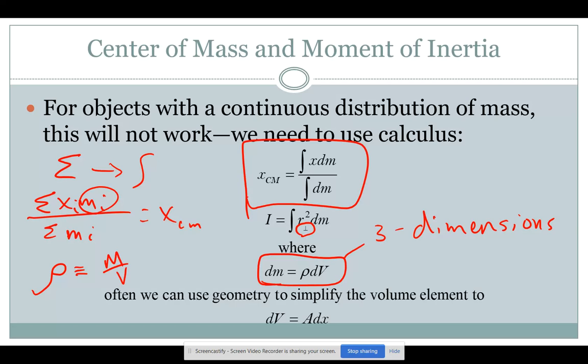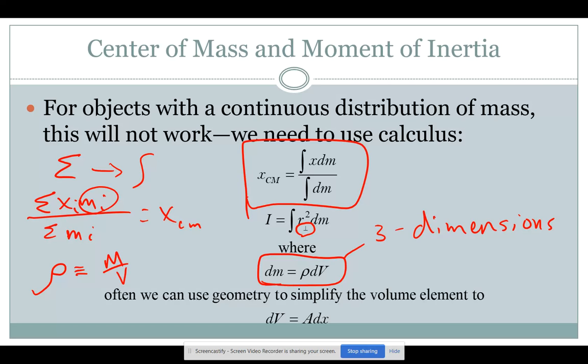You calculated the volume by using area times dx. We'll still have the same dV idea as area dx. We'll just have times rho for dm, and then times r squared to make life just a little more interesting.